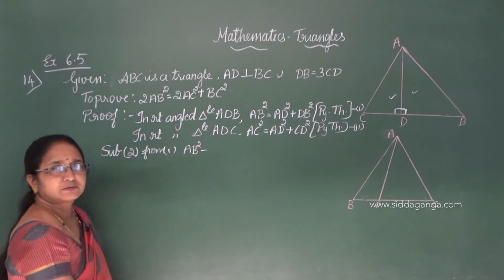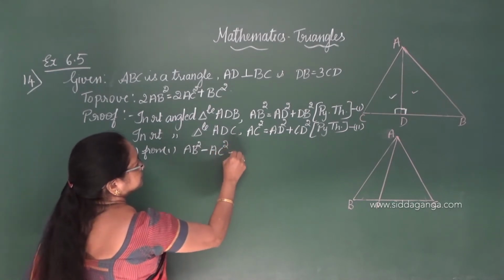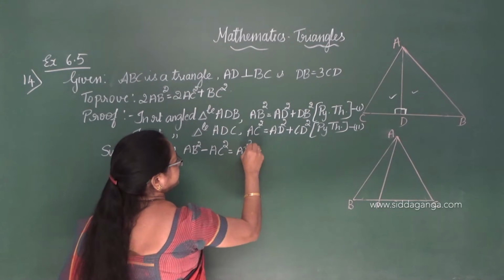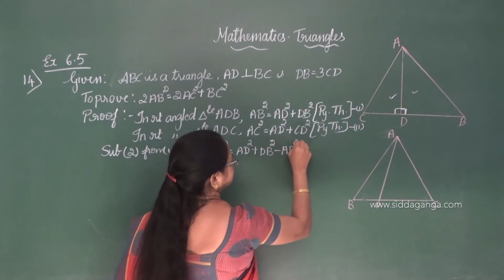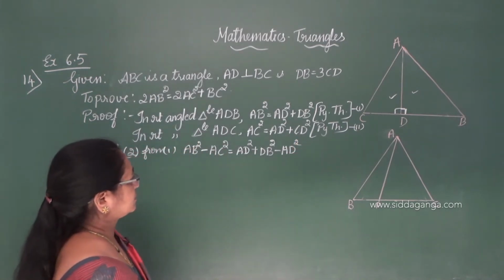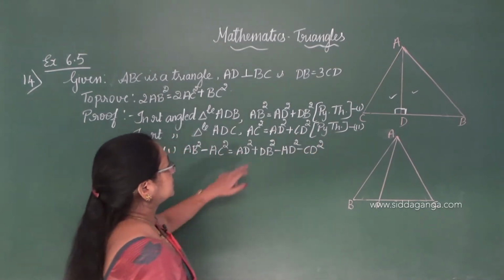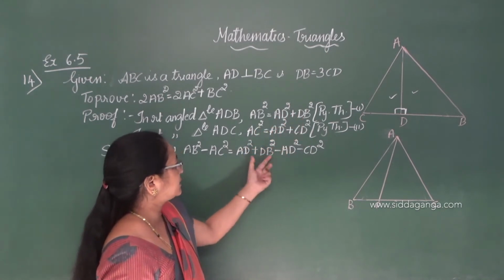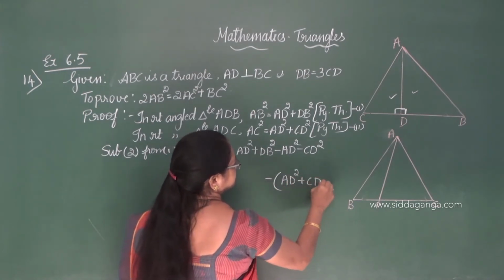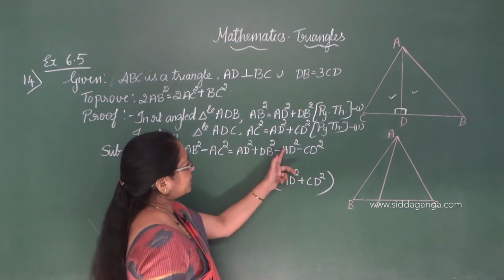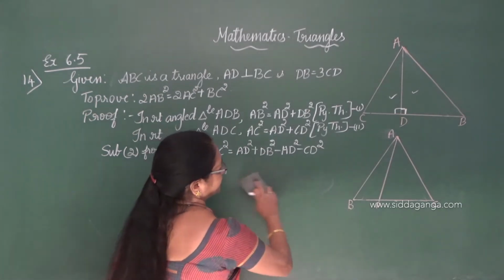AB square minus AC square is equal to AD square plus DB square minus, we will write it in the bracket, AD square plus CD square. So here minus AD square and minus into plus, minus CD square. Okay, I have not written this step. I hope you understood this.